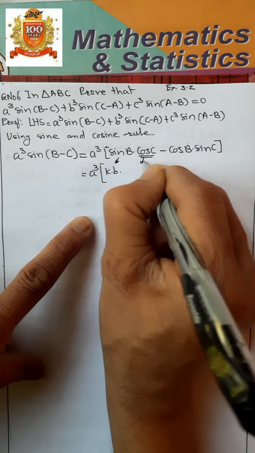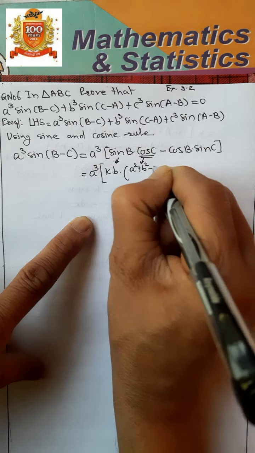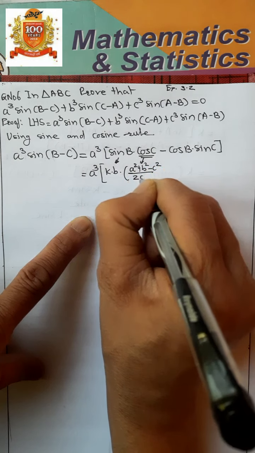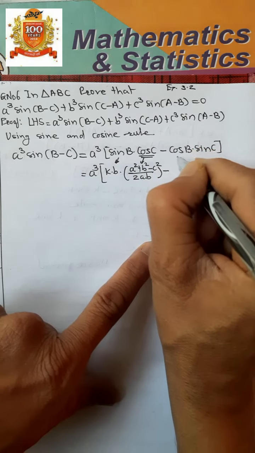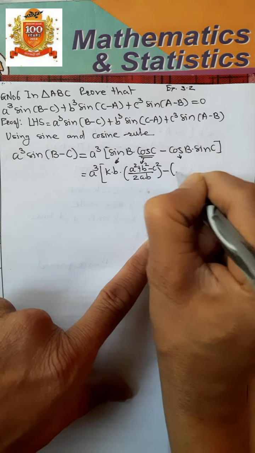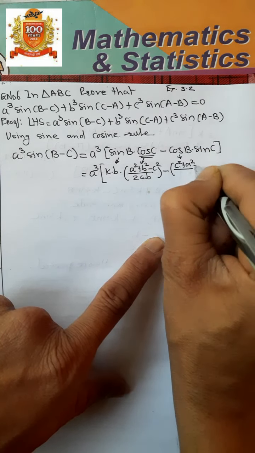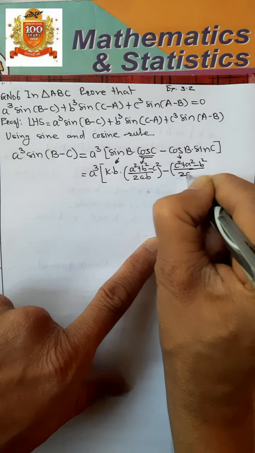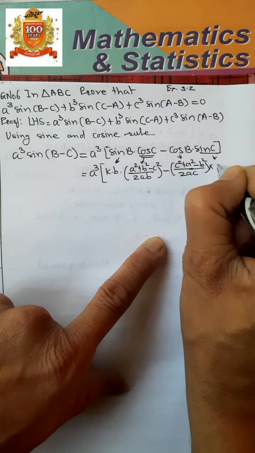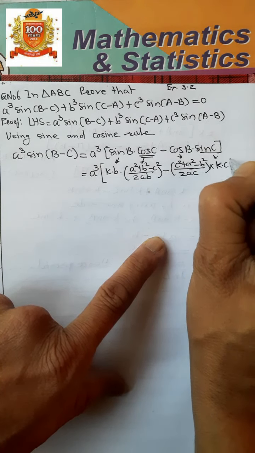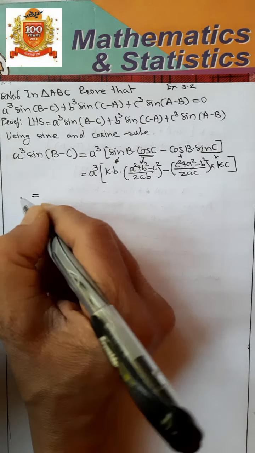By using cosine rule, cos c is equal to (a square plus b square minus c square) upon twice ab, minus cos b, which means (c square plus a square minus b square) upon twice ac, into sin c, which means kc. Isn't it? We will write from here.